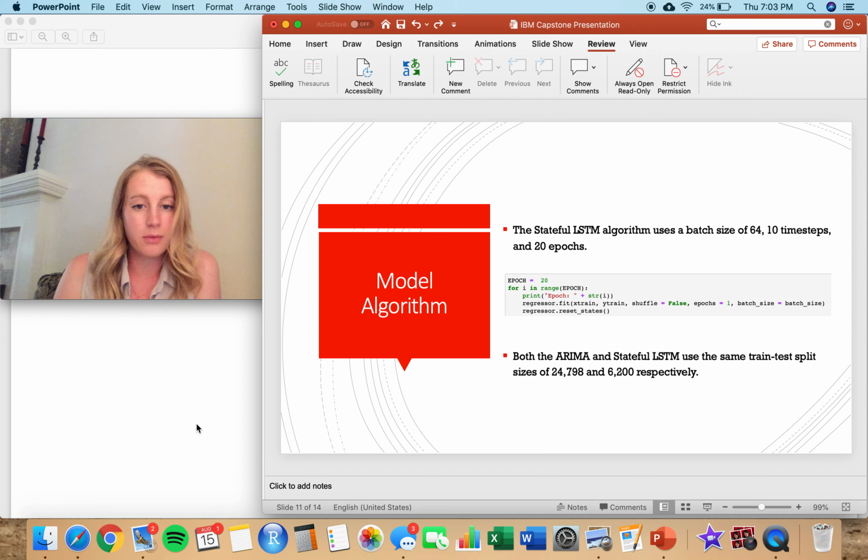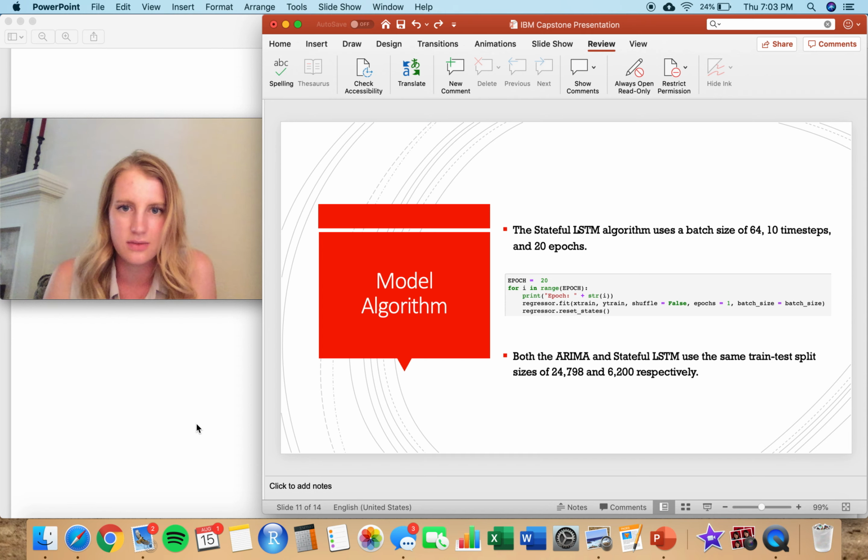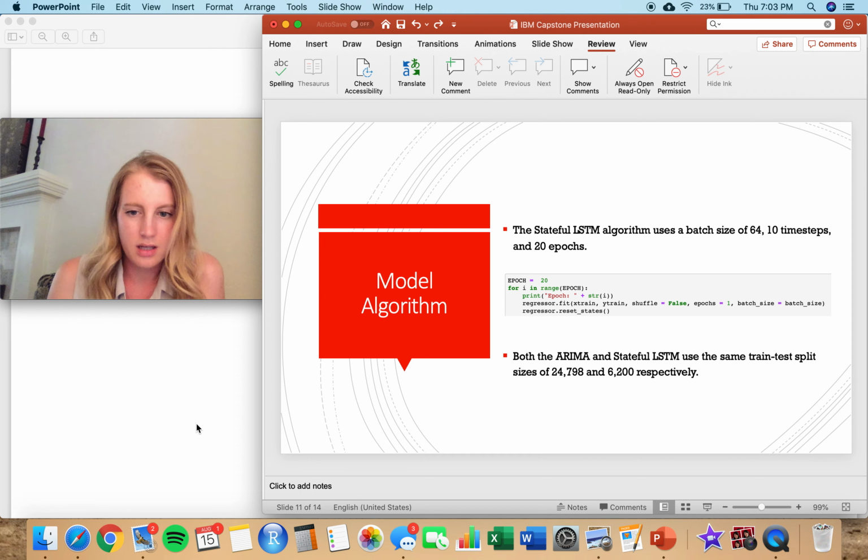Here is my model algorithm. The stateful LSTM algorithm uses a batch size of 64, 10 time steps, and 20 epochs. This is some of my model training code that I've included. Both the ARIMA and the stateful LSTM model use the same train test split sizes of 24,798 and 6,200 respectively.